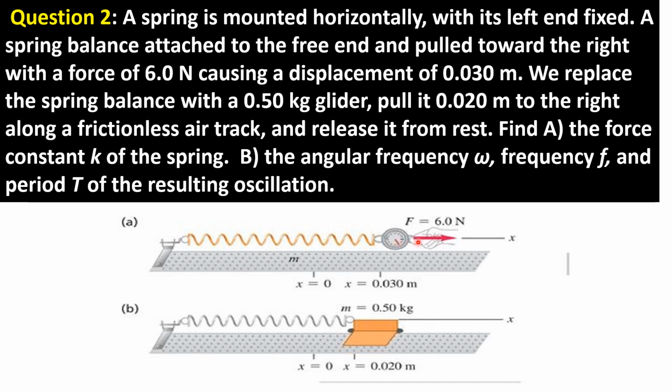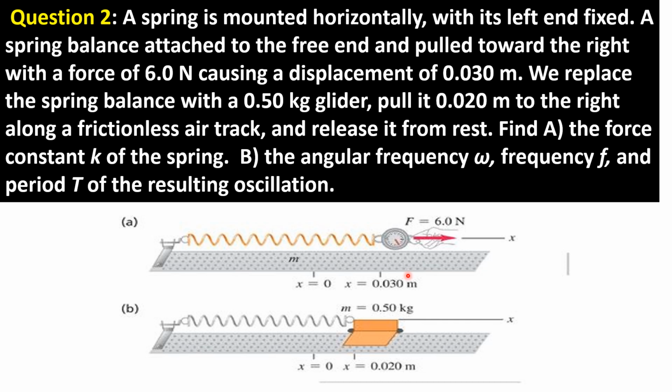Like in this problem, a 6.0 Newton force causes the spring to have a displacement of 0.030 meters. So the value of x is 0.030 meters. Its original equilibrium position is labeled here as x equals 0.